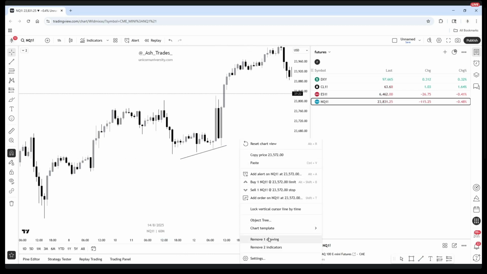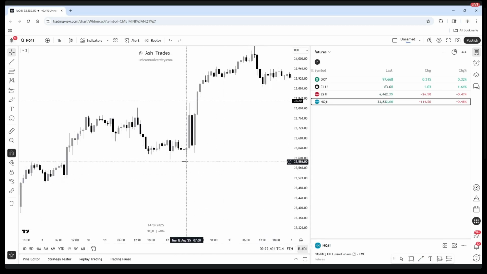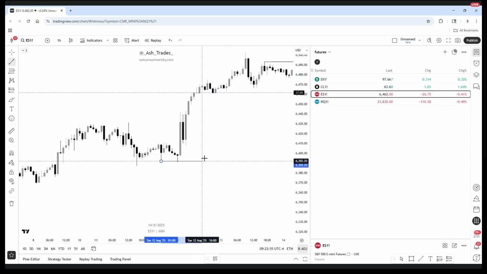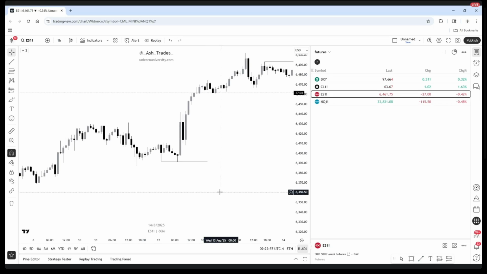But this is very clear because there was SMT here. So if you take a look at these lows in here, the SMT gives this one away. Notice these lows. Notice this SMT right here. SMT is what the market is saying it's time.